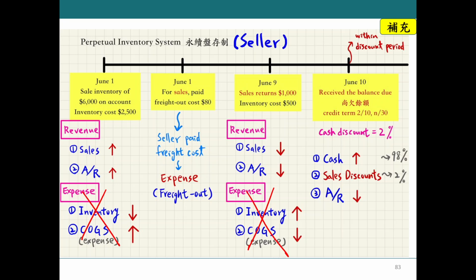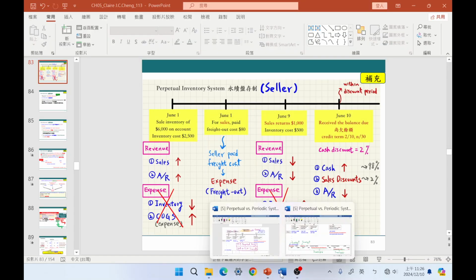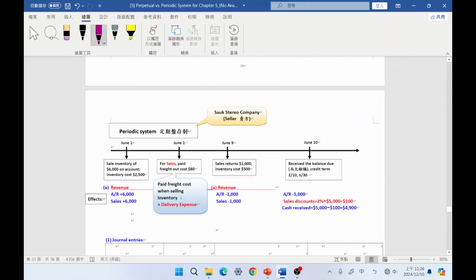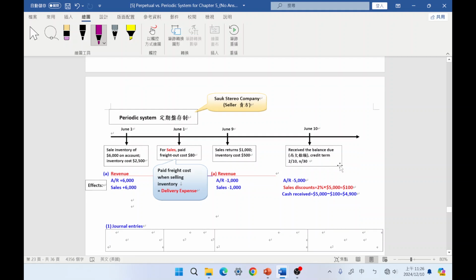Okay. So based on this, please go to your notes on page 29. Page 29 is periodic, right? So the first thing you should figure out is whether you are the hard worker or the lazy guy.